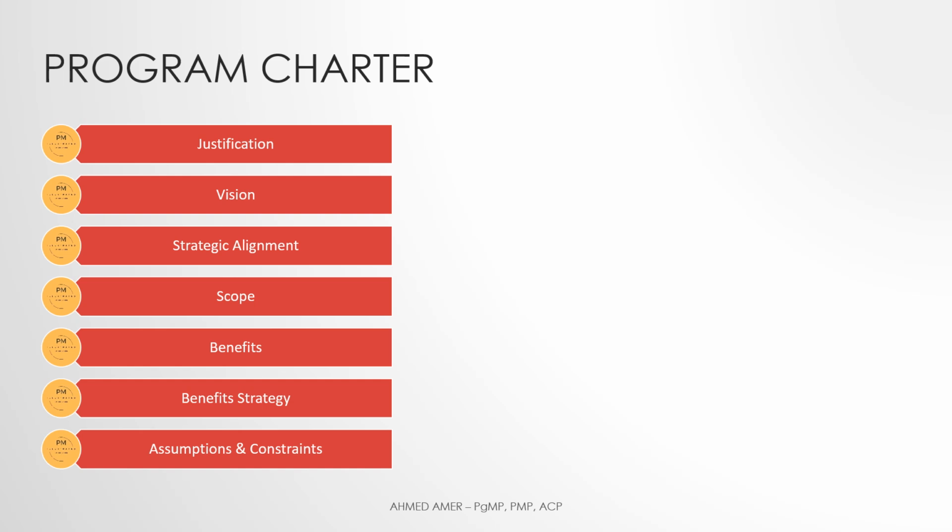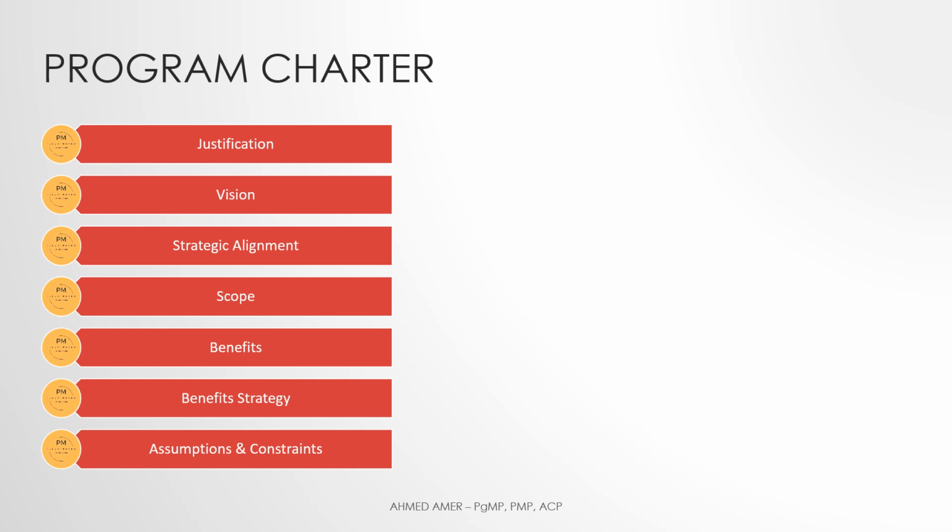Scope. At a high level, what is included within the program and what is considered out of scope? Benefits. What are the key intended gains to be realized to achieve the program's vision and benefits? Benefit strategy. What is the approach to ensure the realization of the planned benefits?